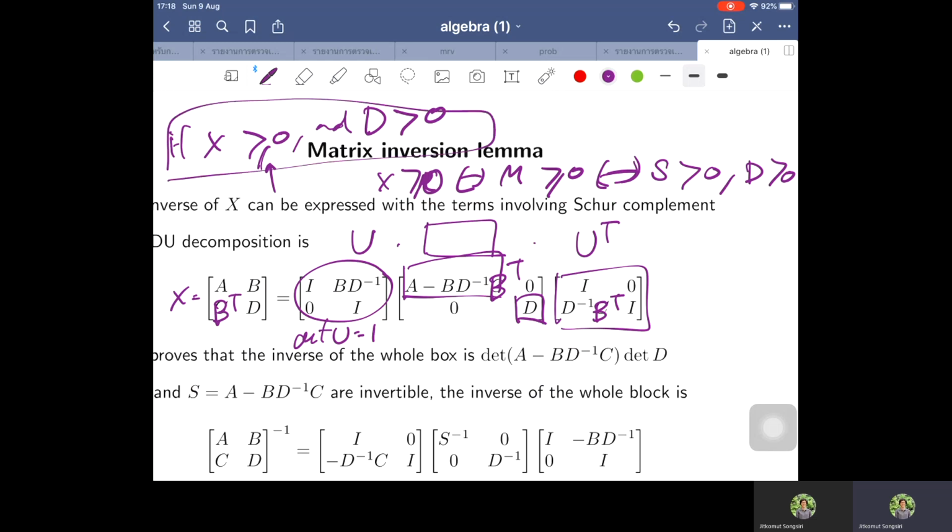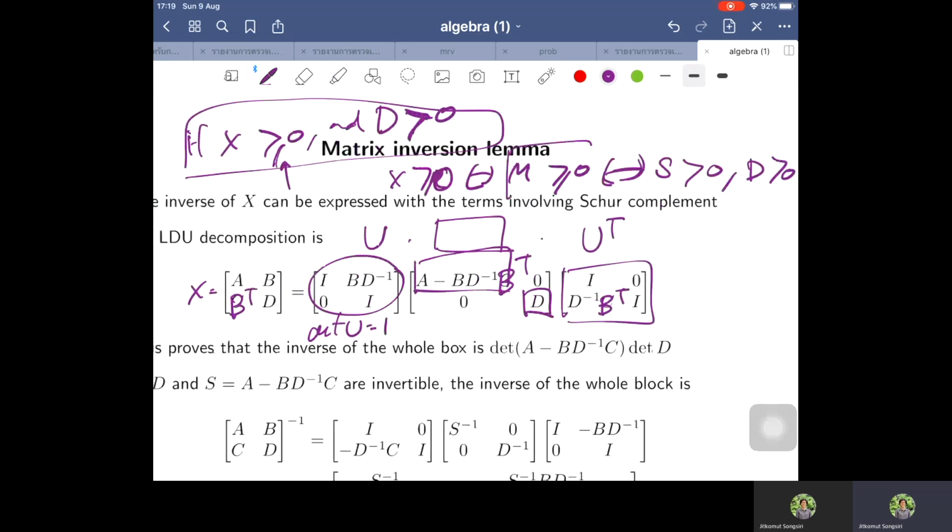Assume this is the assumption: X is positive semi-definite and D is strictly positive definite. Then that condition will result in the conclusion that the Schur complement could be positive semi-definite.